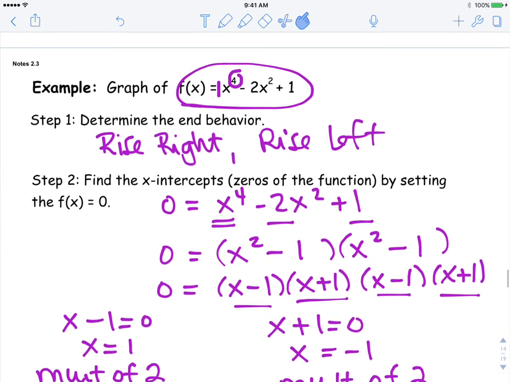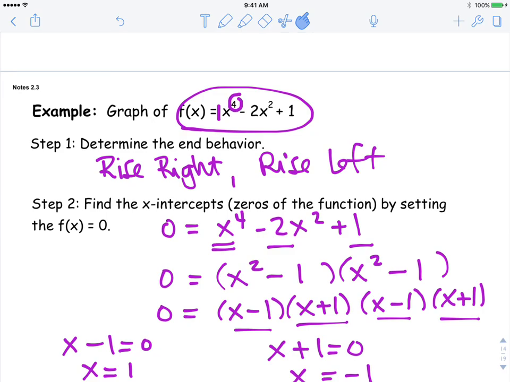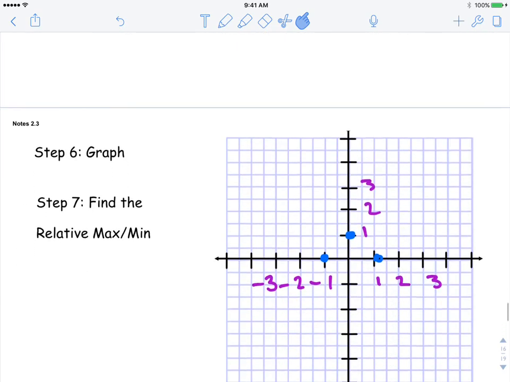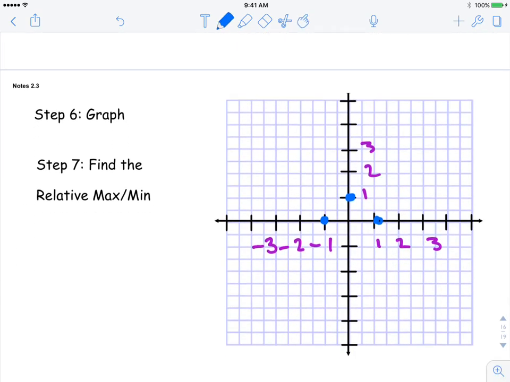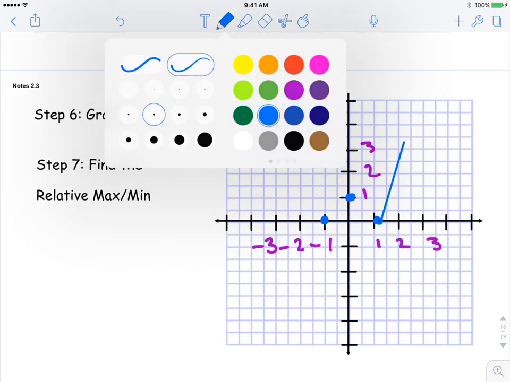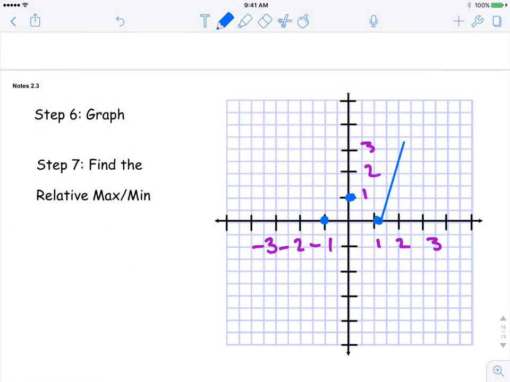Remembering your end behavior, your end behavior was rising on the right and rising on the left. So you go to the end x-intercepts. We're rising here, and then it's rising here.